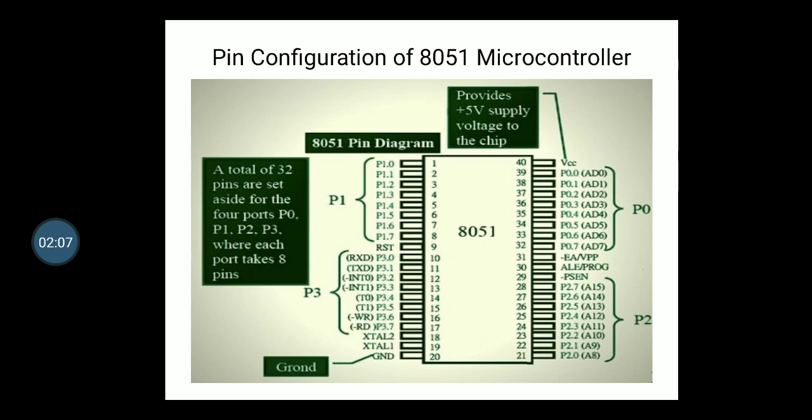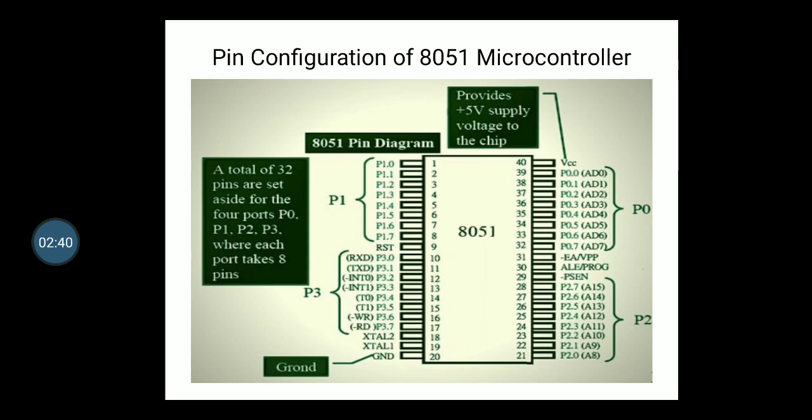Now we also know that there is an address bus and data bus, right? Now for the data bus we have the same pins, that is port 0. Port 0 is used for address bus also, data bus also. Now data bus is only 8 bit, so we need only 8 pins. So port 0 basically has 3 functions. One is as a port, one is as data, and the other is as the lower bits of address, because address has 16 bits, so we need 16 pins.